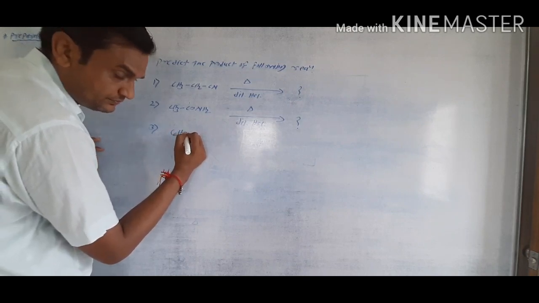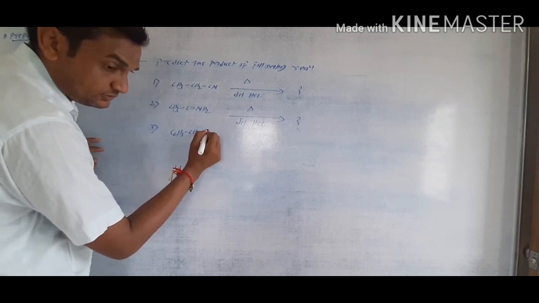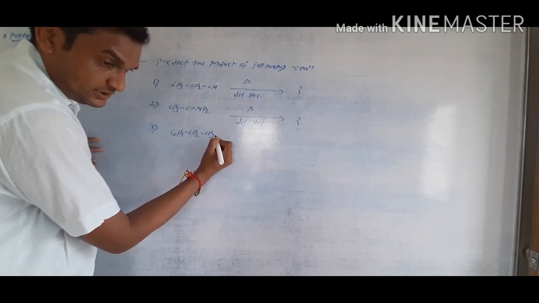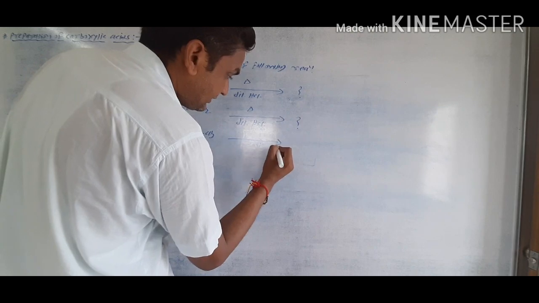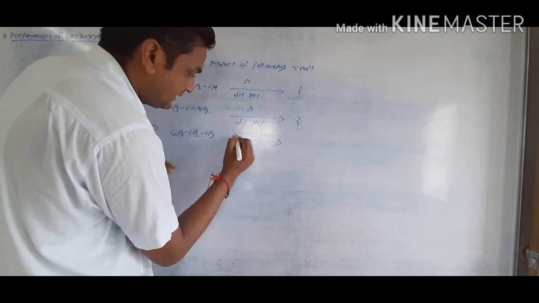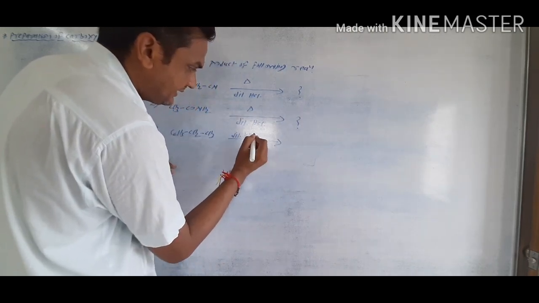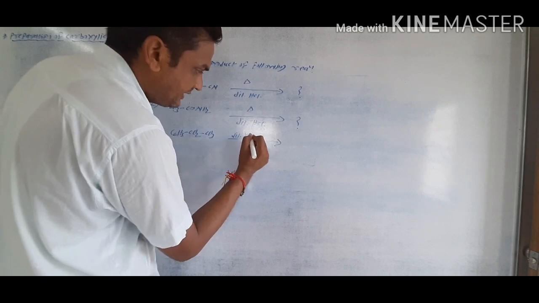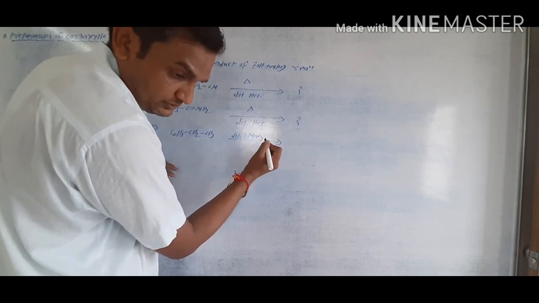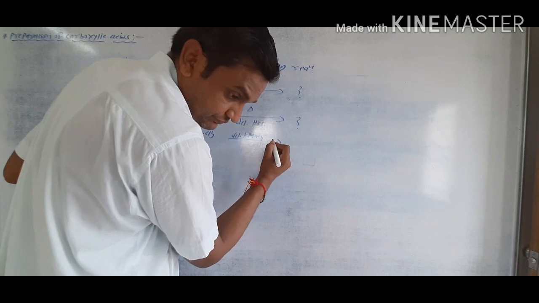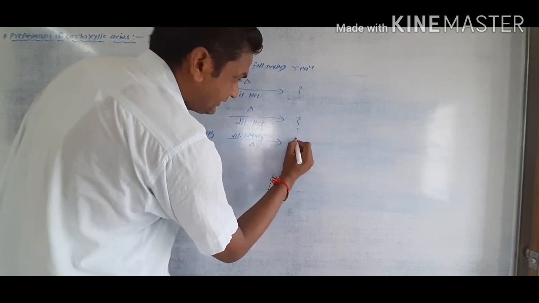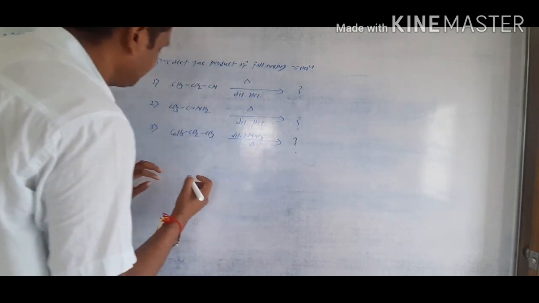Third one is C6H5CH2CH3 reacting with dilute KMnO4 with heat. What is the product?